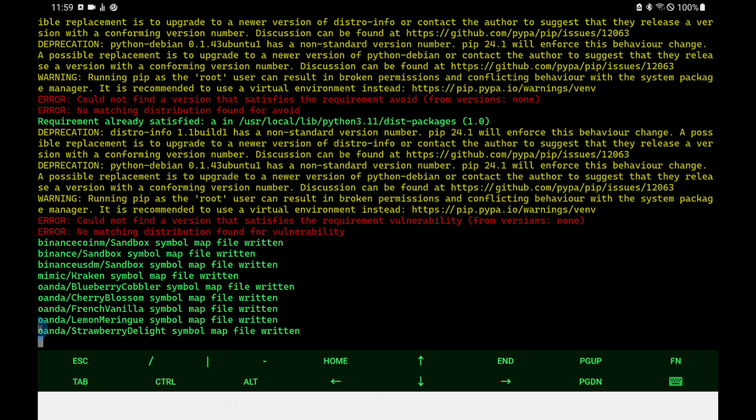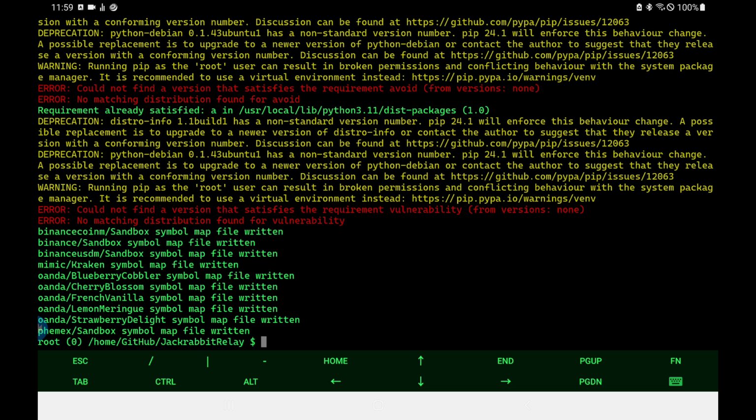Now there are some gimmicks and situations there where TradingView has changed some of its mappings, and I am trying to sort those out. But for the most part, as you can see, everything is up and running.